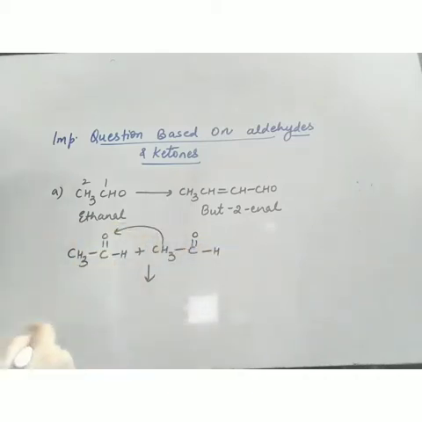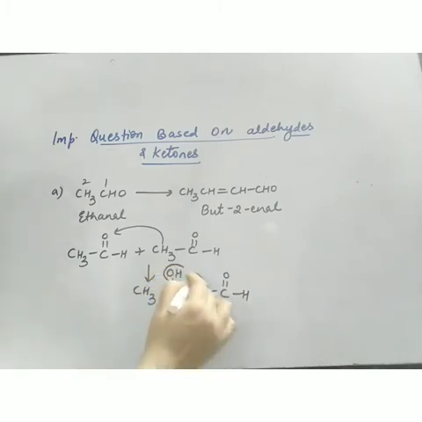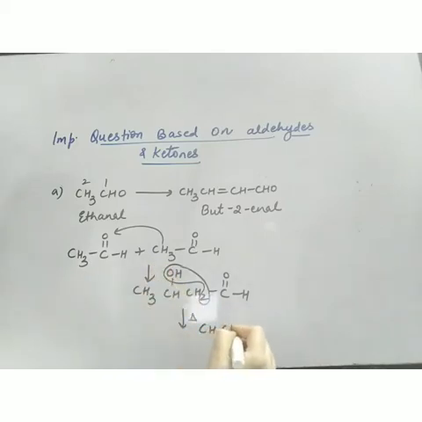One hydrogen will move to this side, so it will be CH3 CHOH CH2 CHO. This is the beta-hydroxy aldehyde, the aldol. Now it is heated, so OH from here and H from here leave. I am just conducting the self aldol of ethanal, so I get my product. This is how you solve the first conversion.